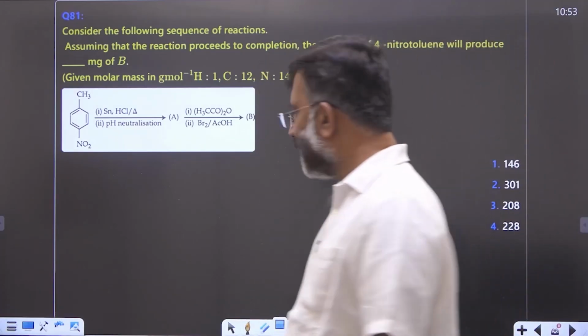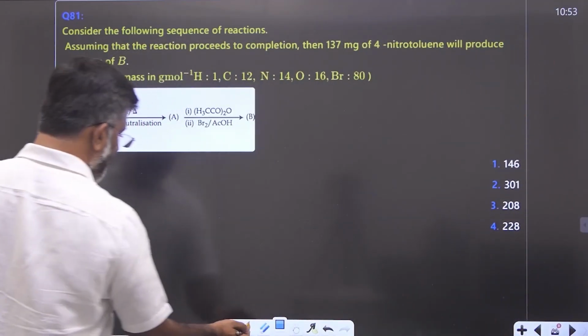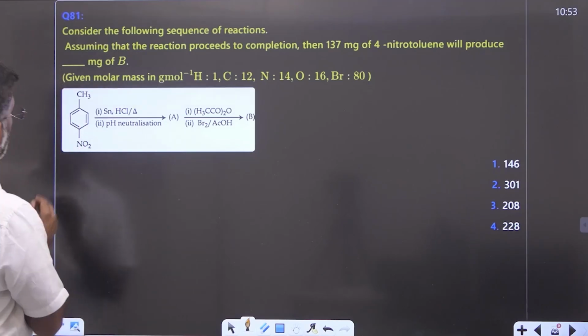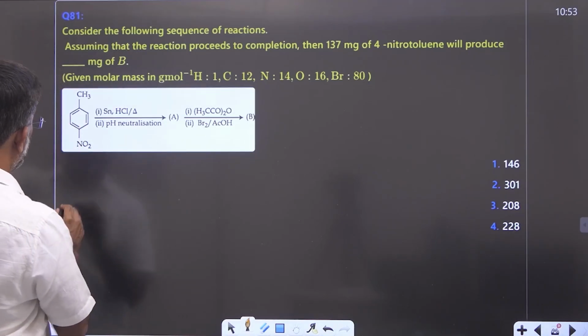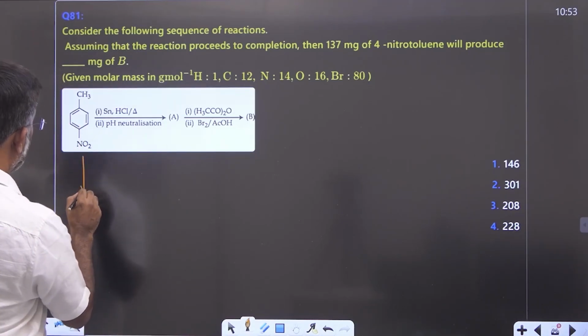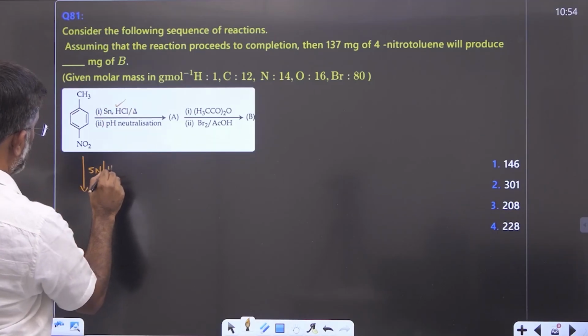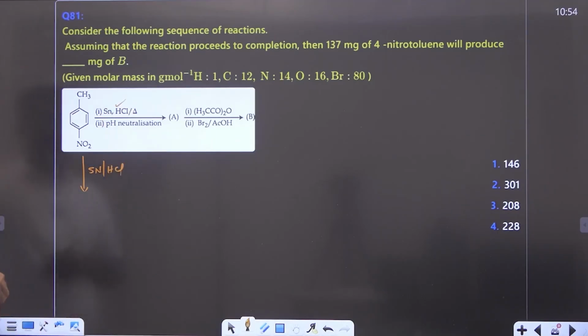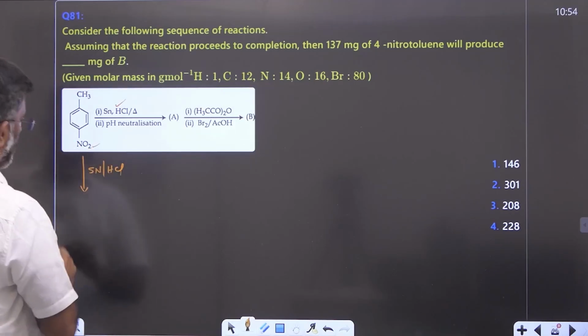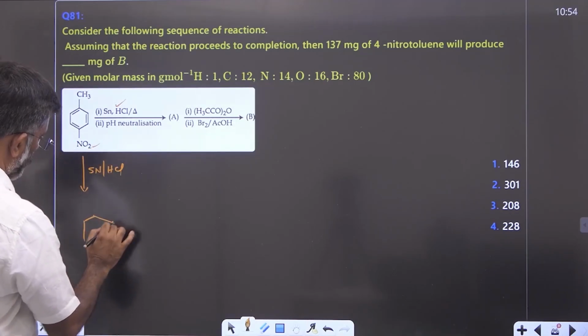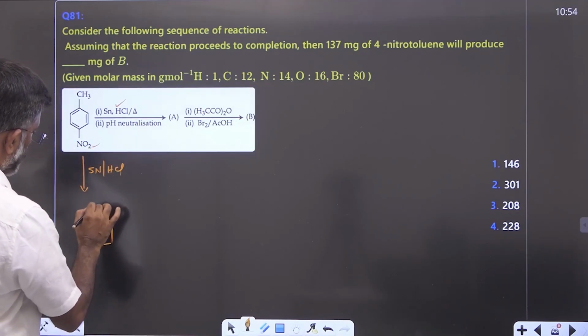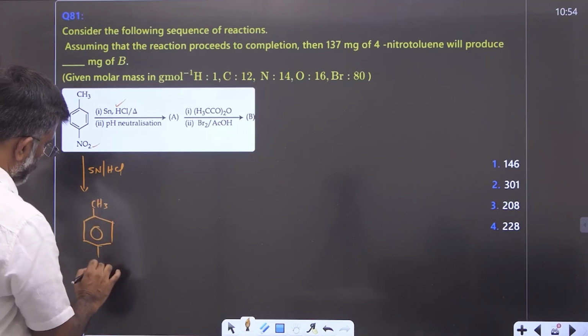Let's see. What is the reaction actually? This is treated with Sn/HCl. So, in nitrobenzene, this group will be reduced to aniline. Everybody knows. This CH3 remains as such.